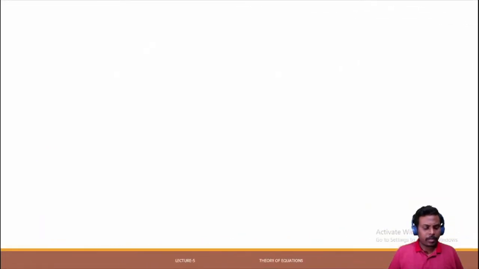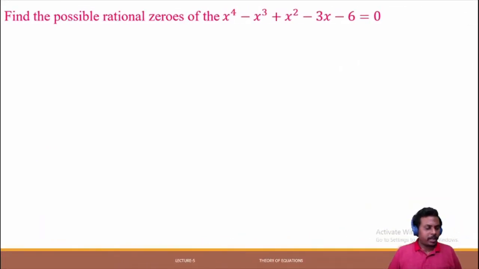Let me discuss one more example. Here is the example. Find the possible rational zeros of the equation x power 4 minus x cube plus x square minus 3x minus 6 equal to 0. As discussed in the beginning, let me find out what an is here. An is equal to minus 6 and a naught is equal to 1.